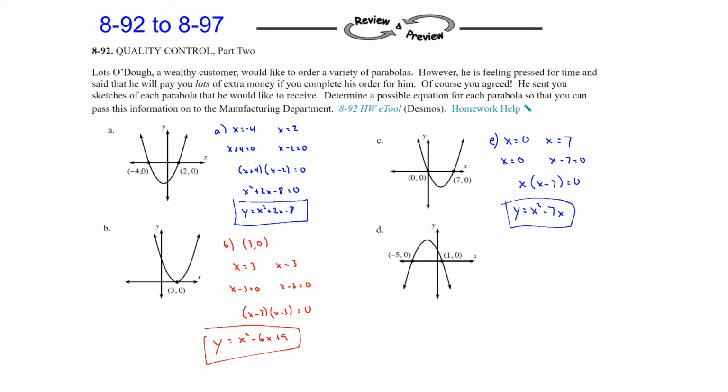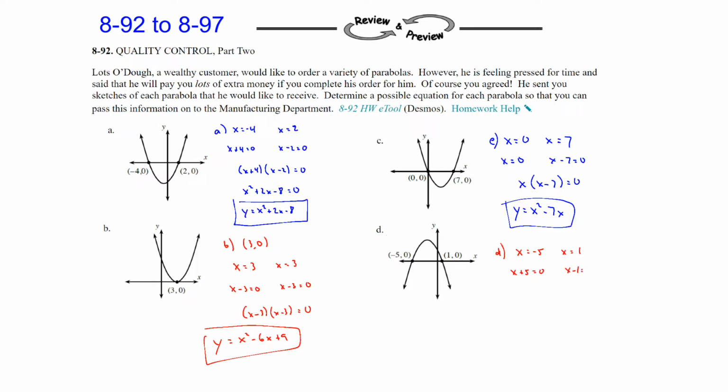And then the last one on D. We have 2 here. We have a -5, so x is equal to -5, and we also have x is equal to 1. But notice that our parabola is opening down, so we got to remember that. So when we go to write the equation, we need to have a negative in the front, so it opens down. So let's see what we got here. We add 5. x plus 5 equals 0.